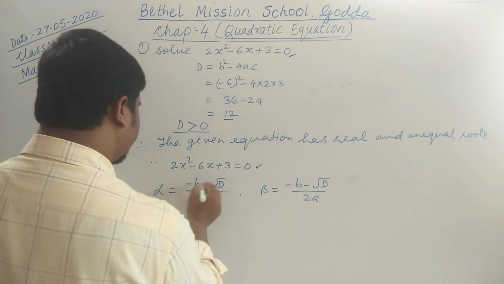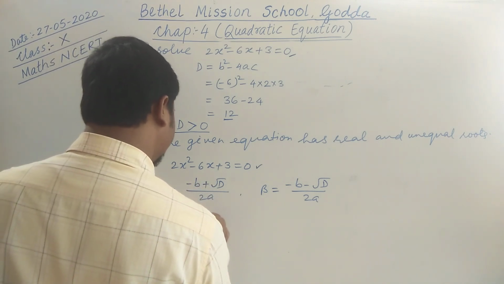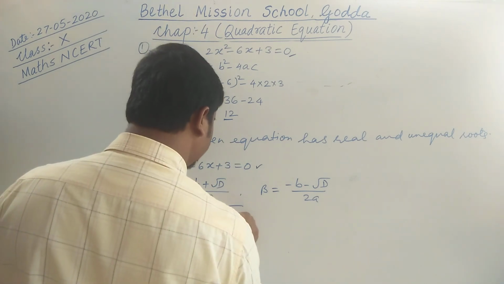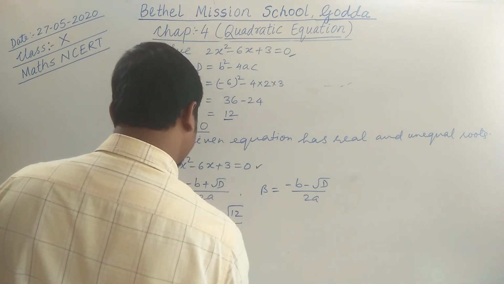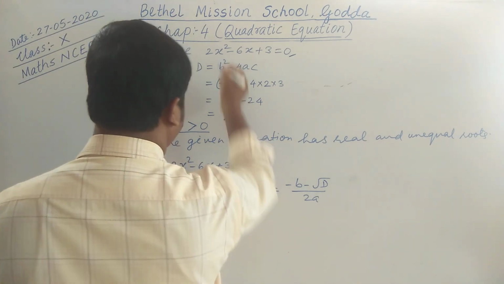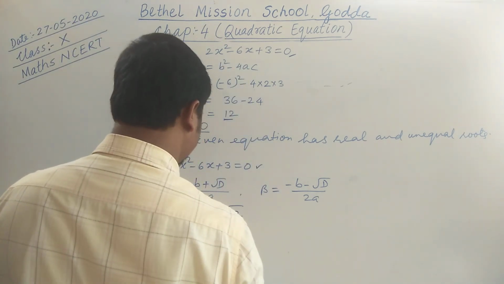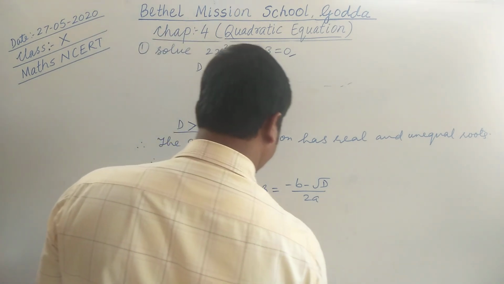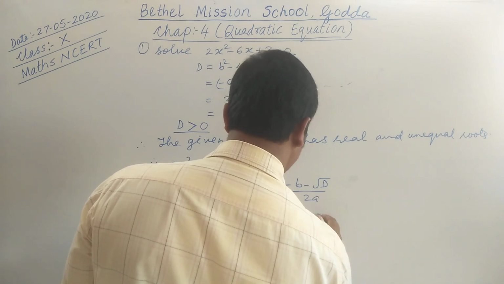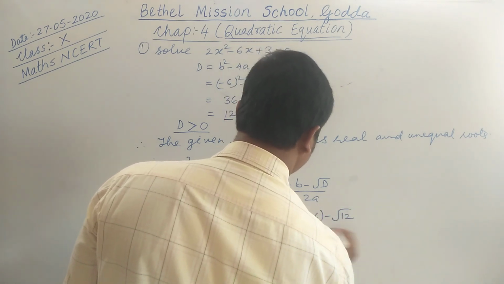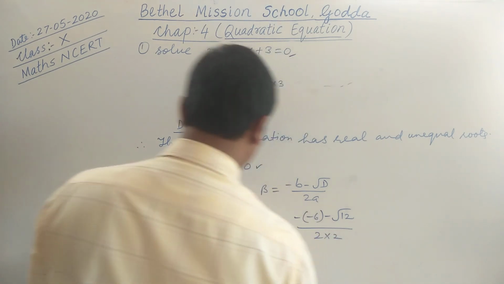So −b is −(−6), that is 6, plus √12, divided by 2 into the value of a, which is 2. So (6 − √12) / (2 × 2).